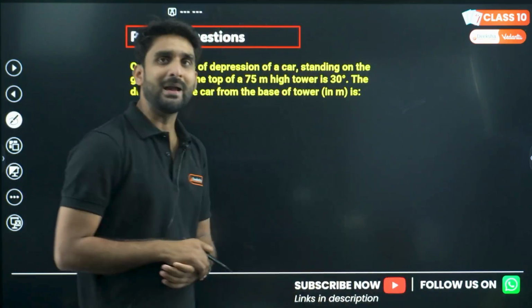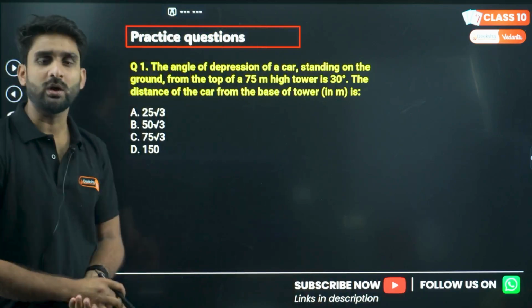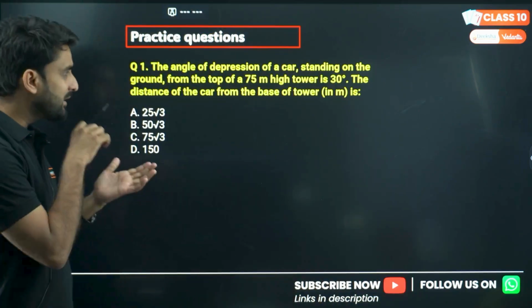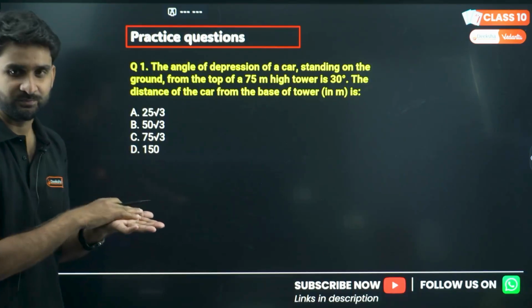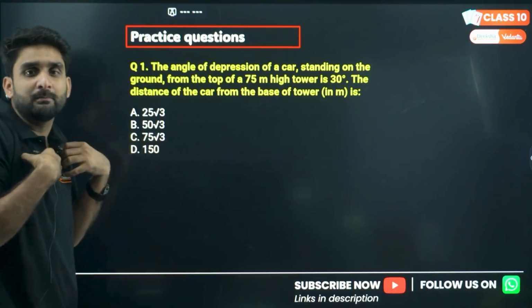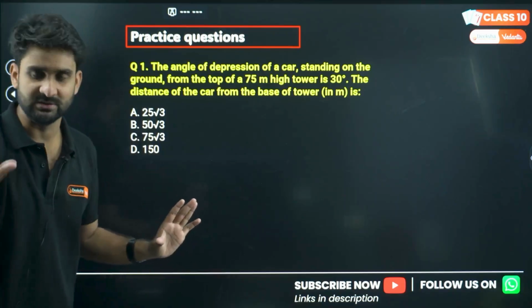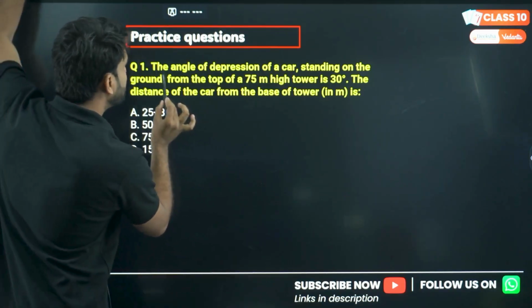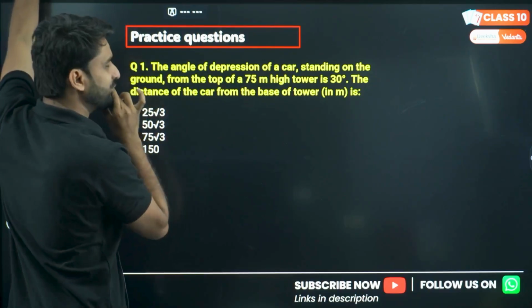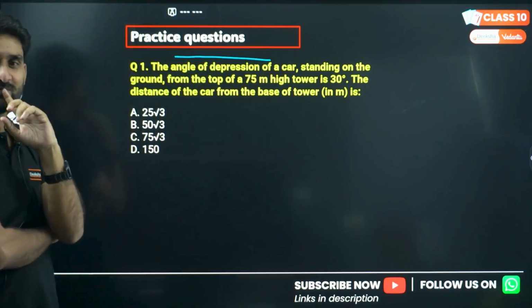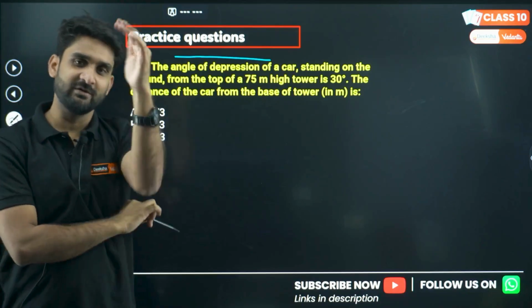But my trick, what I always suggest to my students, is to please read the question step-wise. See how I proceed with the solution in application. Here, the angle of depression of a car: the angle of depression means the angle will be above the line of sight.